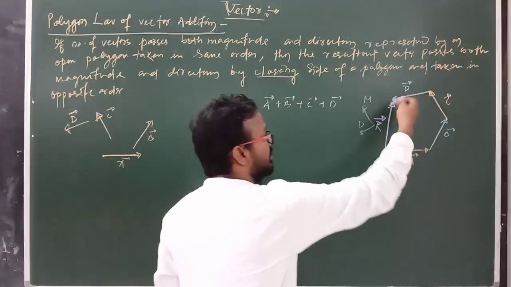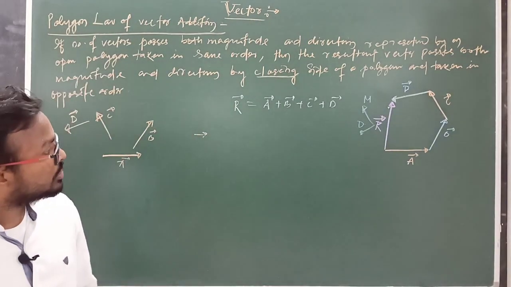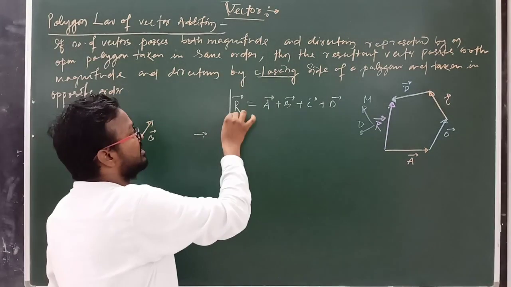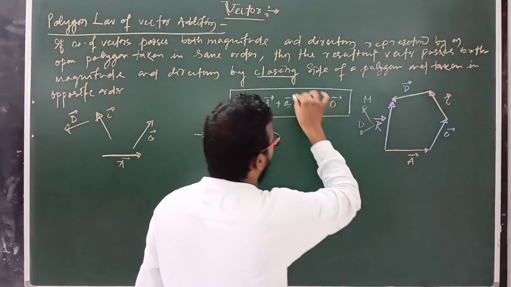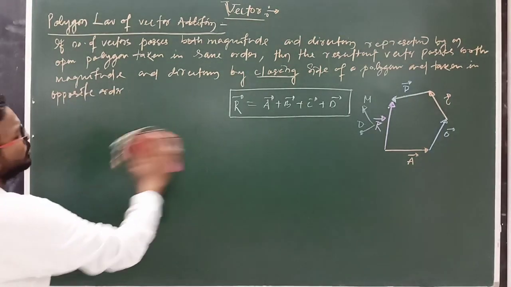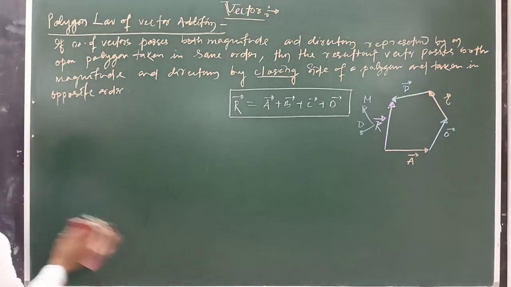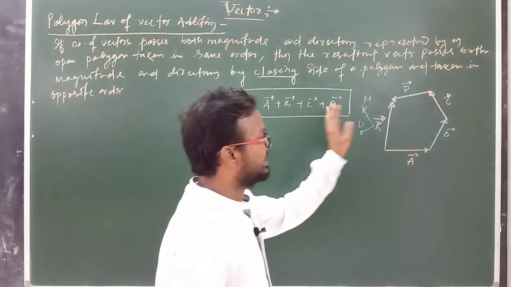This polygon law can be proved by using the triangle law of vector addition. So how can we use the triangle law? Resultant vector can be found by this relation: R vector equal to the sum of a, b, c, d.